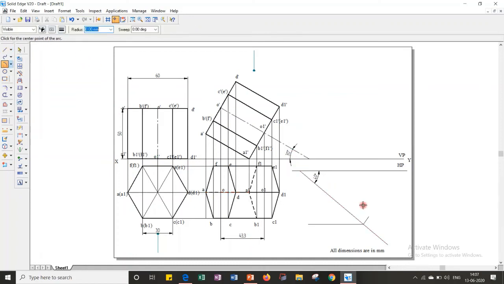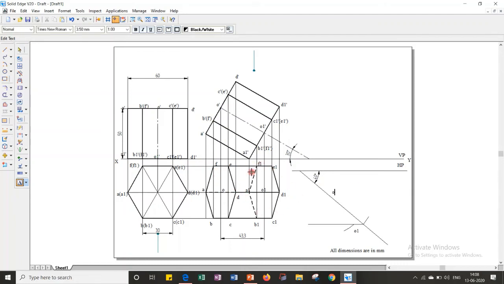So taking the same previous center, cut one more arc of dimension 43.3. Now this will be the new O1 point. You can consider this one as O1 or else O also. And this center will be point O.